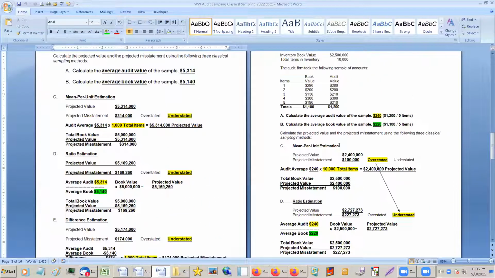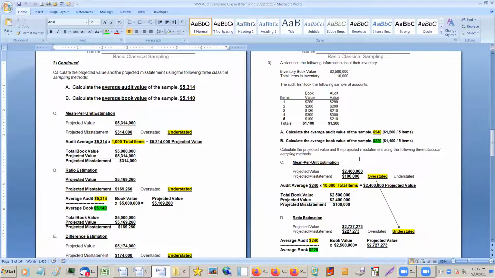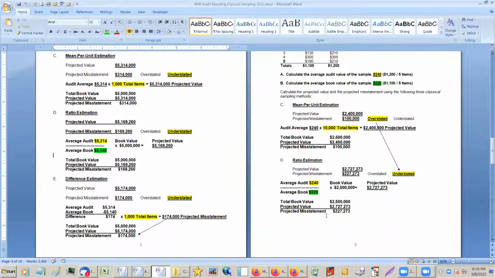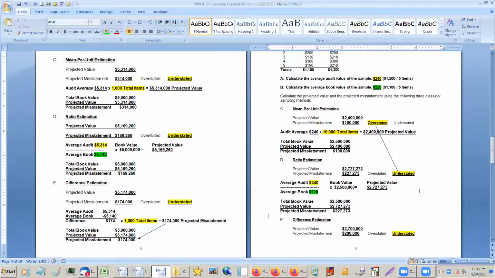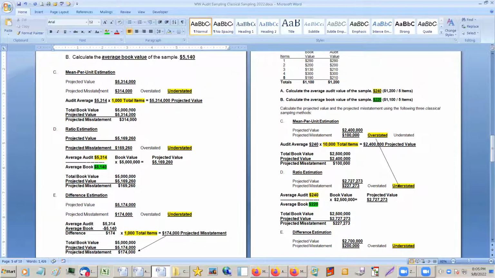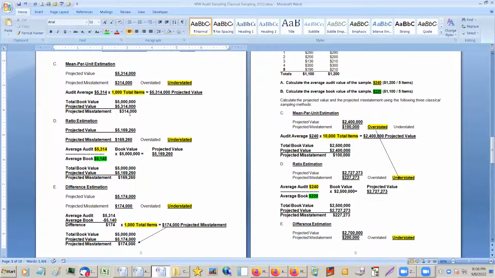Oh, this one got pushed onto another page. There we go. So this is page 5. Oh, the page is right. This is the second one.